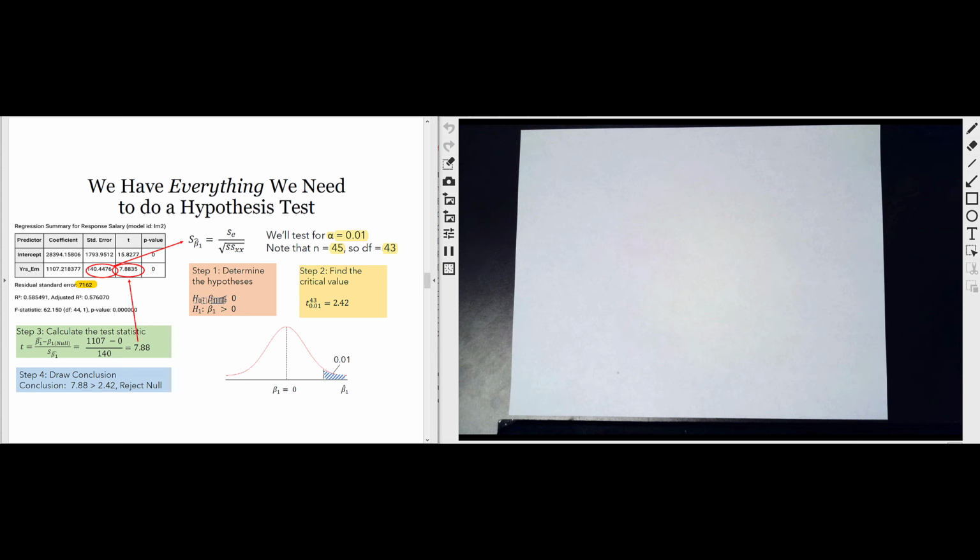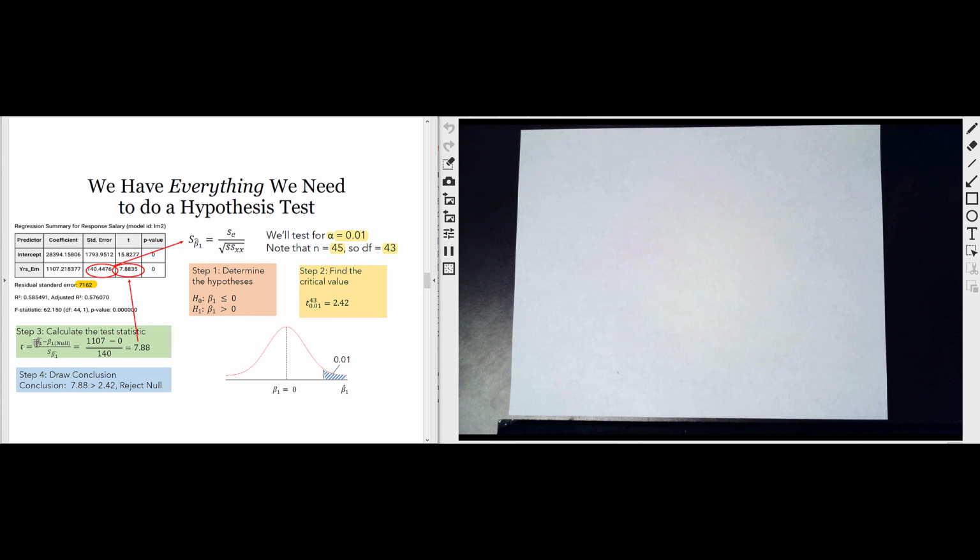That is, that there is no positive benefit to years of experience. And of course, our alternative hypothesis is the opposite. We simply look up in our one-sided t-table that the critical value or the cutoff for t at a 0.01 significance with 43 degrees of freedom is 2.42.